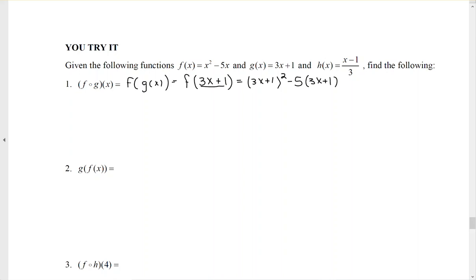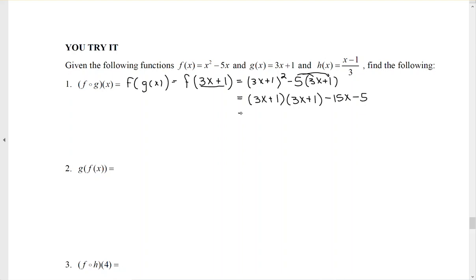Now when you simplify this, 3x plus 1 quantity squared means you're going to have to write it down twice and then do the FOIL method on it. Now the negative 5 you can distribute through the parenthesis grouping. So it's negative 5 times 3, or negative 15x, and negative 5 times positive 1.